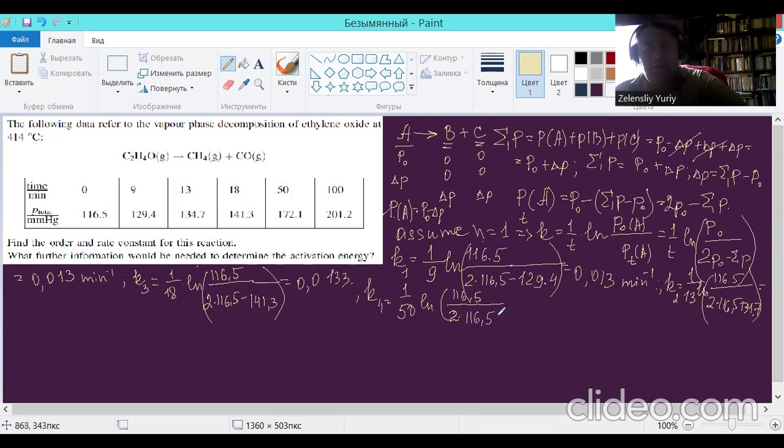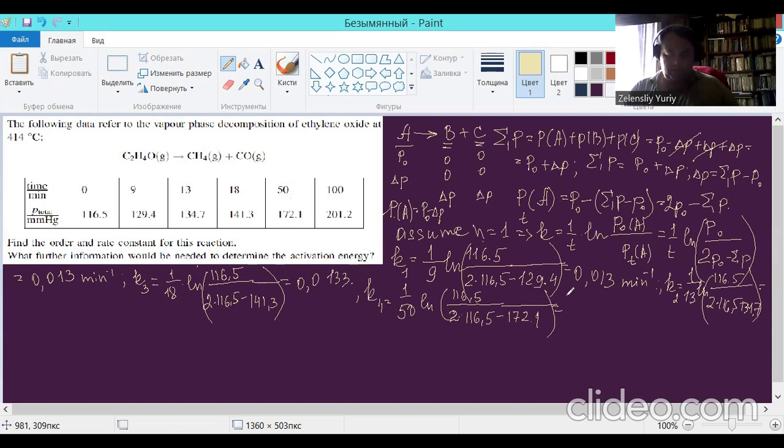Writing neatly means a lot, believe me. 172.1 if I can see it correctly. 65 over minus 172.1.